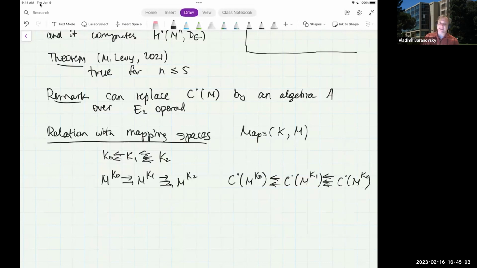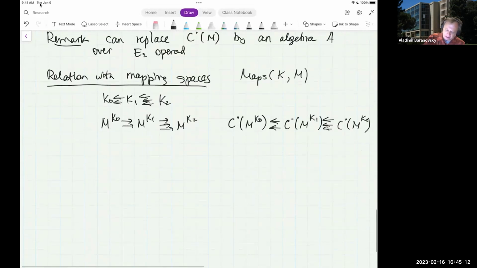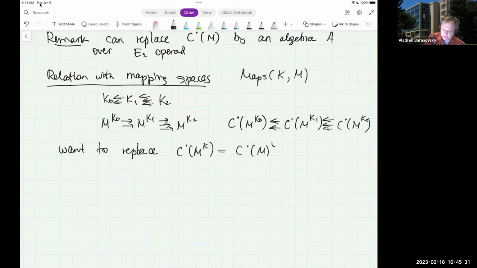For example, when K is a circle, you would be looking at cohomology for the space of loops in M. Now you try to play the same game, and it will be with the same difficulty as before. So we want to replace cochains on the Cartesian power by the usual cochains taken to some kind of tensor power.